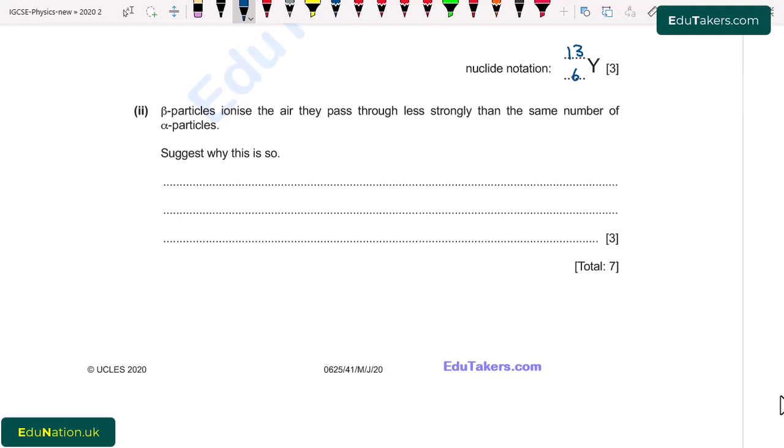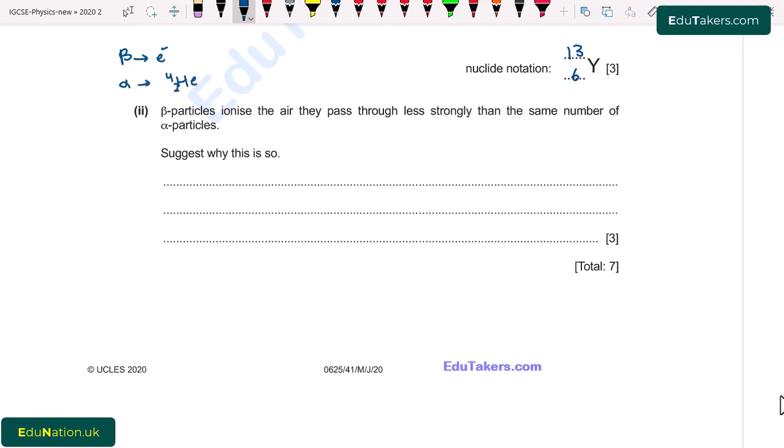So we know that beta particles are electrons and they have a charge of small size. But alpha particles are helium nuclei. I write here beta particles are electrons while alpha particles are helium nuclei.